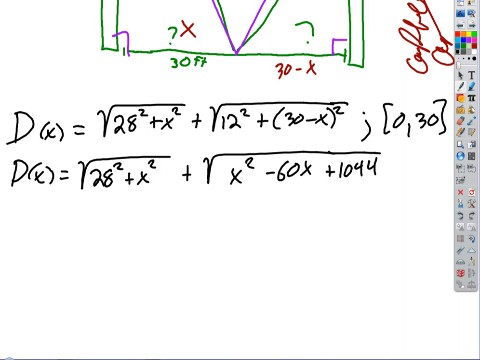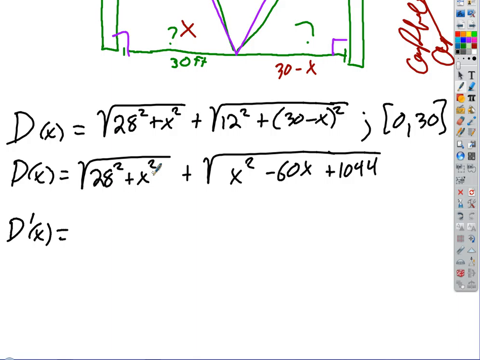Okay, so let's differentiate. What are we gonna get from that first term? How are we gonna differentiate that? Gotta think of the square root as being a 1/2 power. Okay, good. So that means we have 1/2 times this to the minus 1/2. What does the minus 1/2 really do?